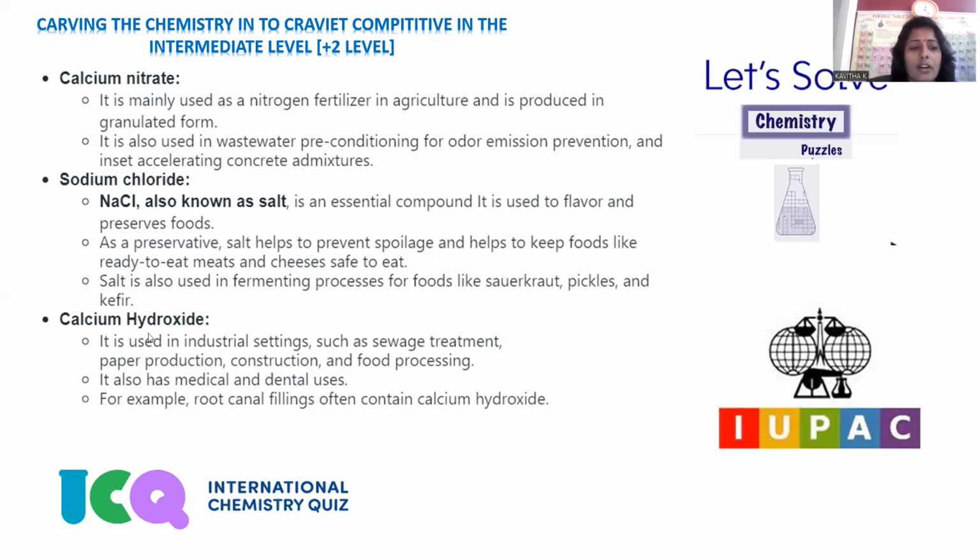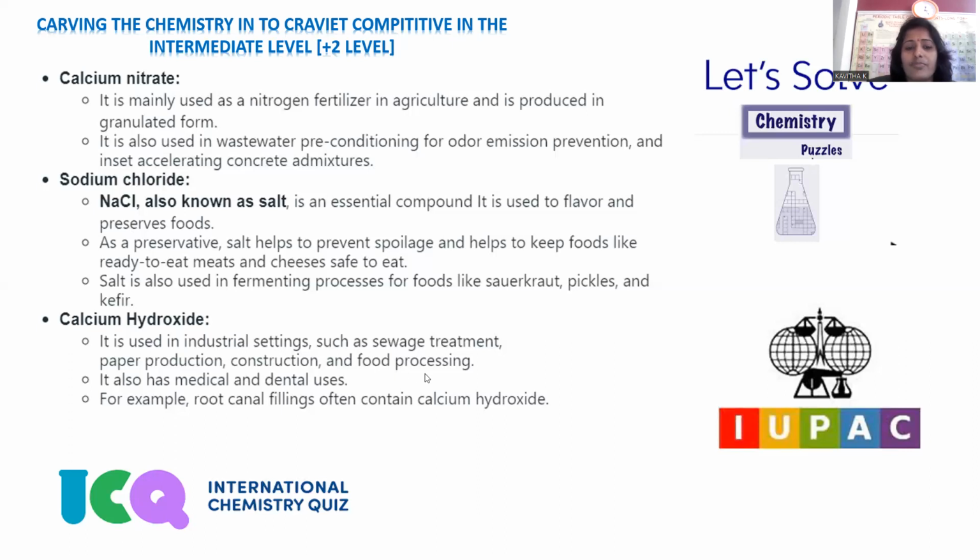Another option given is calcium hydroxide. Calcium hydroxide is very well used in sewage treatment. Sewage is the wastewater coming from household processes or industrial effluents, whatever the kind it might be, calcium hydroxide is used in the sewage treatment process. And moreover, in paper production, the manufacturing of paper from the pulp of plants, calcium hydroxide can be used.